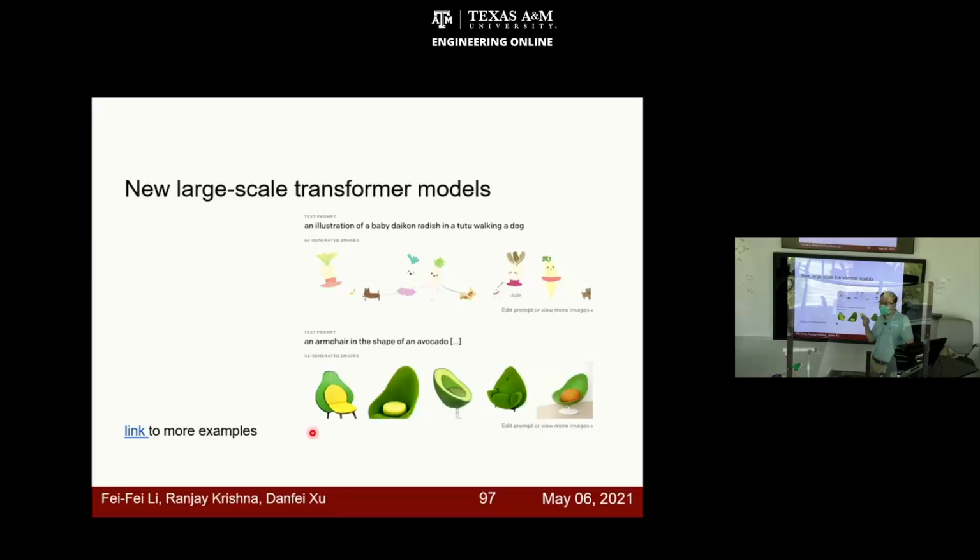In fact, just last week, they released the latest version, DALL-E version 3, sorry, I think it's version 2. Anyway, it's the latest model. I strongly recommend you look at that latest DALL-E that was released last week. So that was image generation prompted by a text. Okay. Any questions so far?